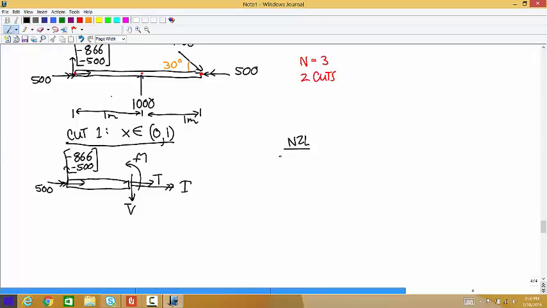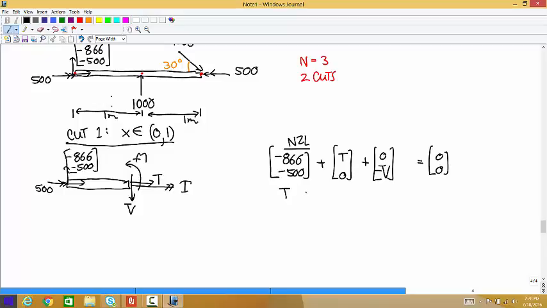So Newton's second law says negative 866, negative 500, plus T, 0, plus 0, negative V. I'm going to start lumping those together because they always appear like this. I'm just going to start writing that as a vector T, negative V, is equal to zeros. So T is equal to positive 866, and V is equal to negative 500.